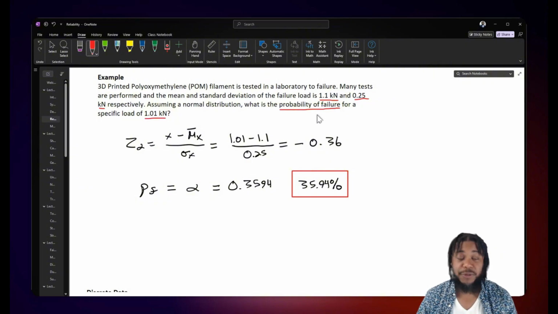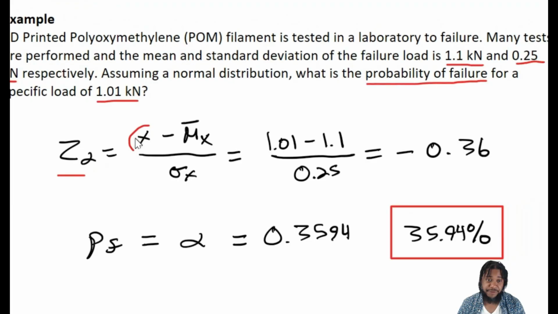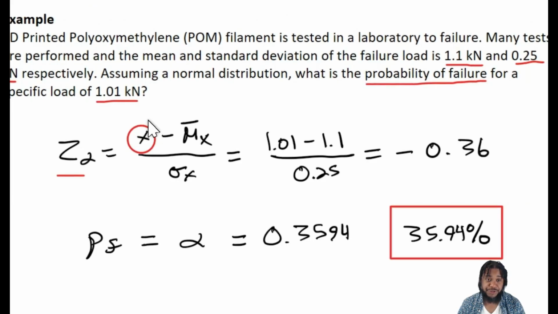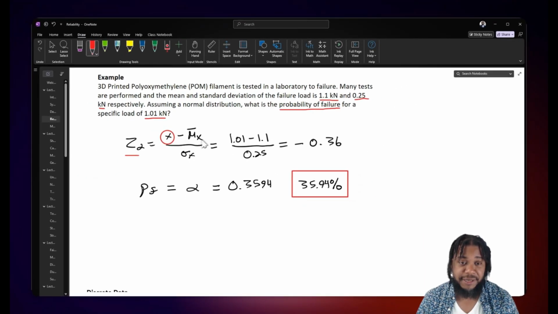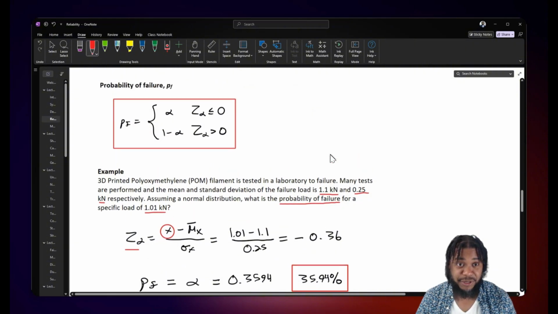So let's start with that Z parameter, where Z is equal to the specific value of interest, 1.01, minus the mean divided by the standard deviation. We put in our knowns of 1.01 minus 1.1 divided by 0.25, and we find a Z parameter equal to negative 0.36. Our Z parameter is negative, right? We've got a negative Z parameter.